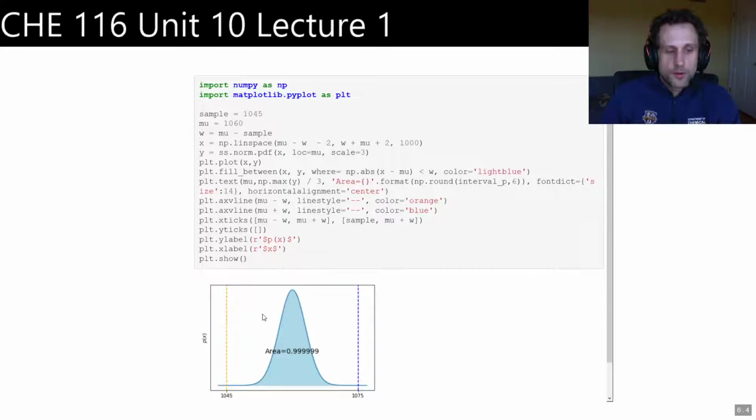So what I'm saying is that I'm going to say how likely the null hypothesis is by taking 1 minus this area. So a high p-value or a low area means that my null hypothesis is likely correct. A low p-value or a high area means my null hypothesis is unlikely.